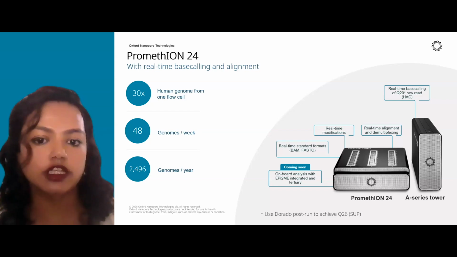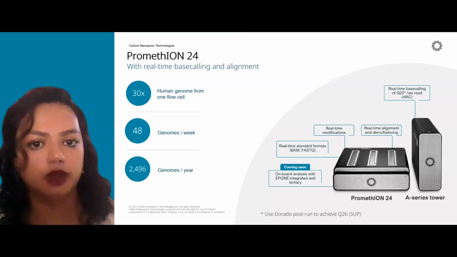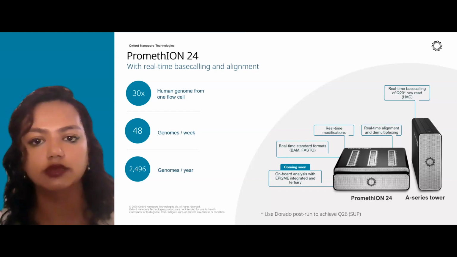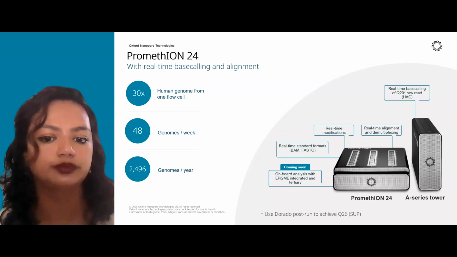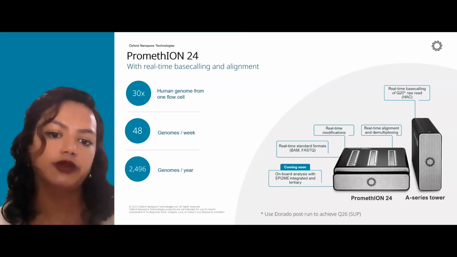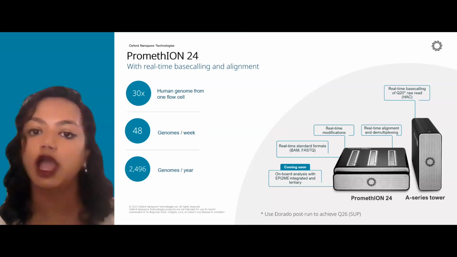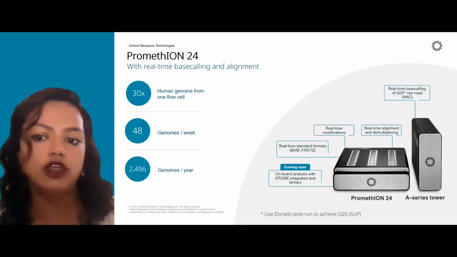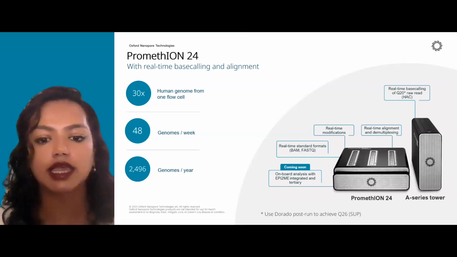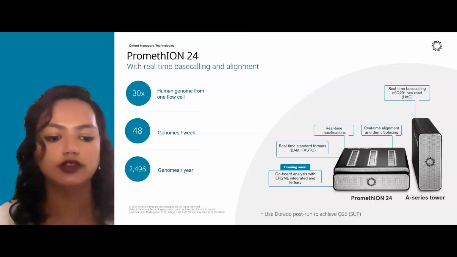And upcoming features include onboard analysis with EPI2ME and third-party integrations, making it even more versatile. So whether you're exploring genomes, transcriptomes, or epigenetic landscapes, the PromethION 24 system delivers unmatched throughput, real-time insights, and adaptability for any research need.